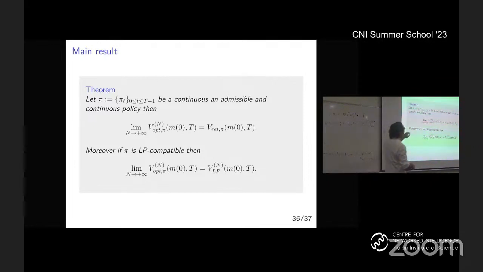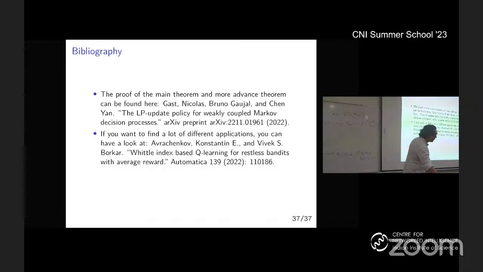I will focus there by adding some extra assumptions. But if you want to see the real proof of the theorem, you can look at this paper from Shen Yan, a student of Nicolas Gast, with more complex assumptions.